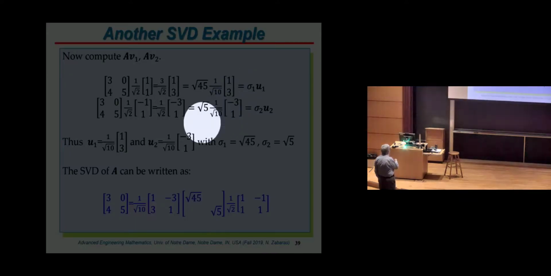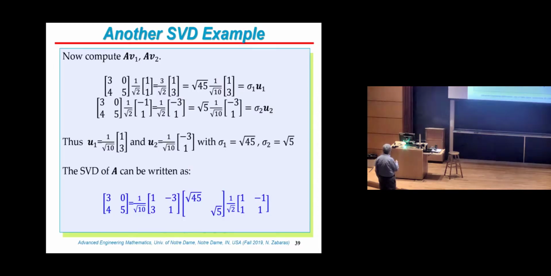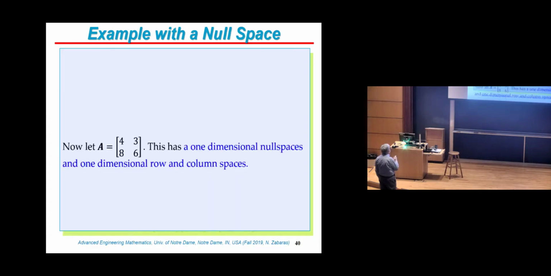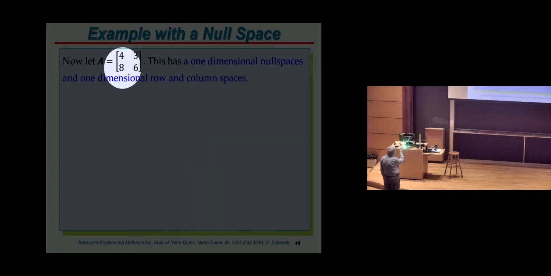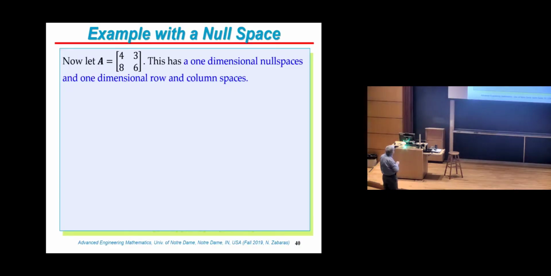And then here's the answer at the end. So this 2 by 2 matrix is your U, this is your sigma matrix, and this is V transpose. There is an example, if I remember, that has the null space in it, so this is a nice example. Let's do it. Can you appreciate that this matrix is singular? It has only one independent row and one independent column.